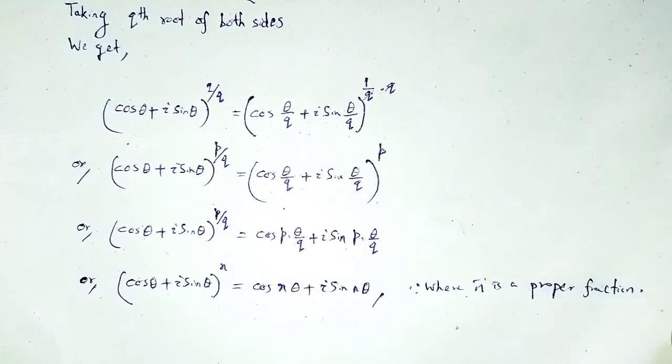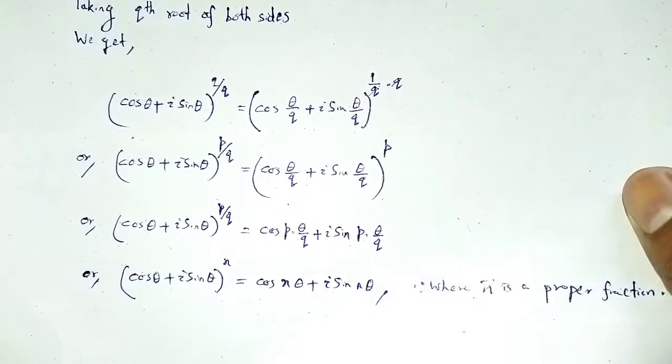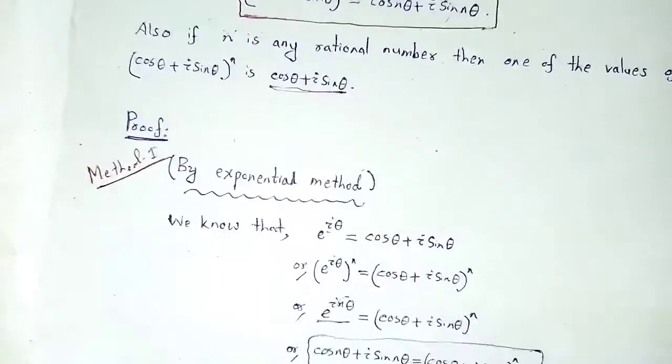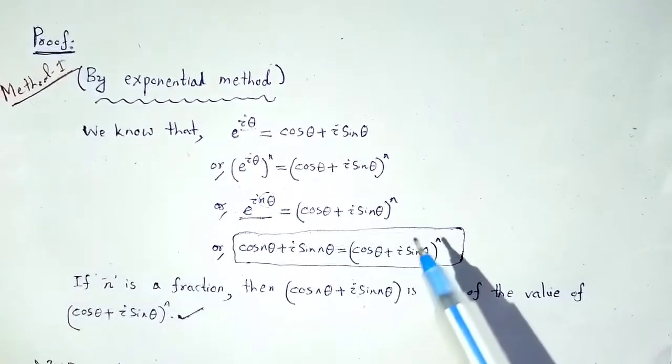So here is the proof of de Moivre's theorem by using two methods. The first method, by the exponential method, is the proof.